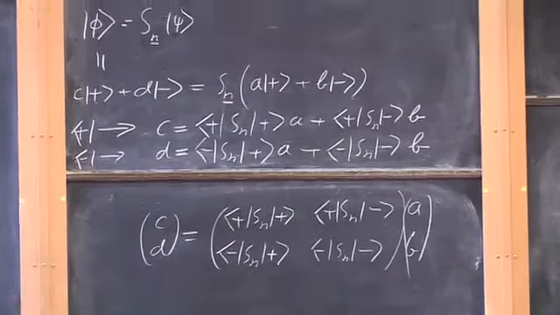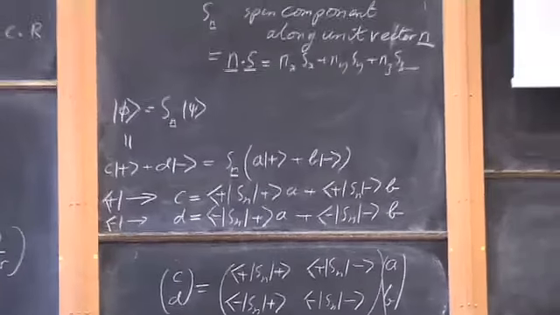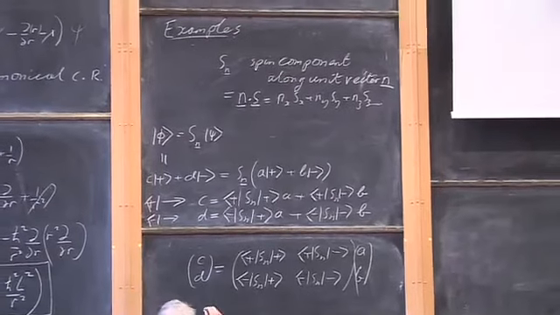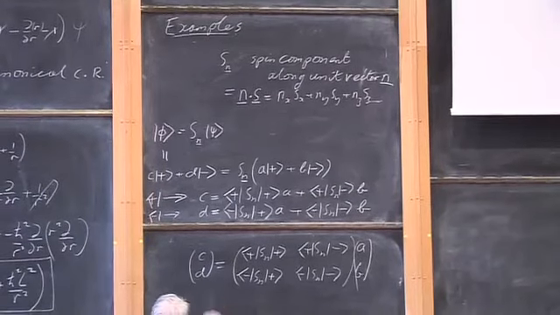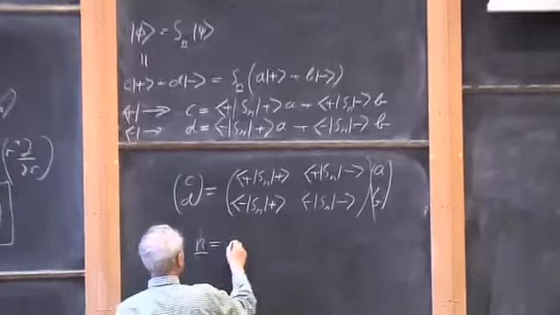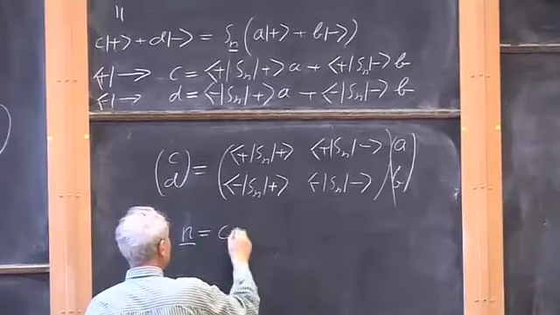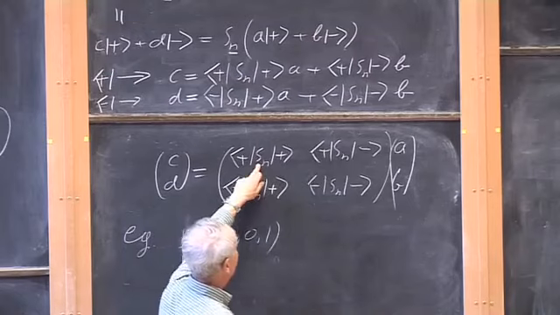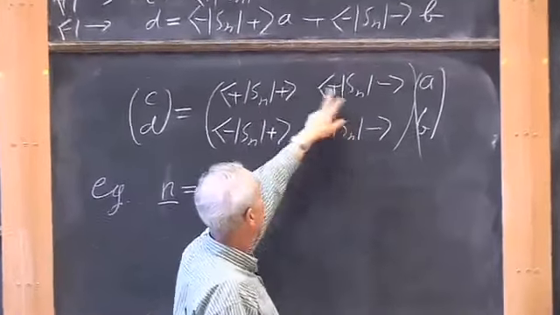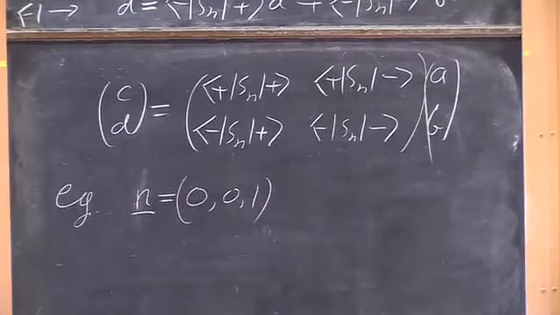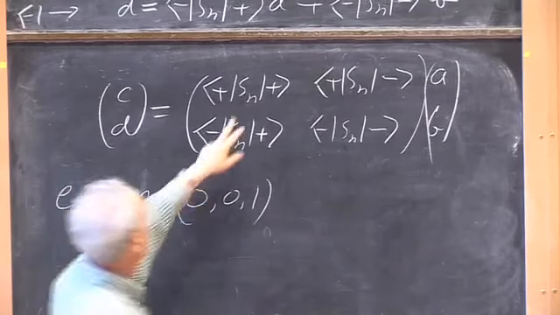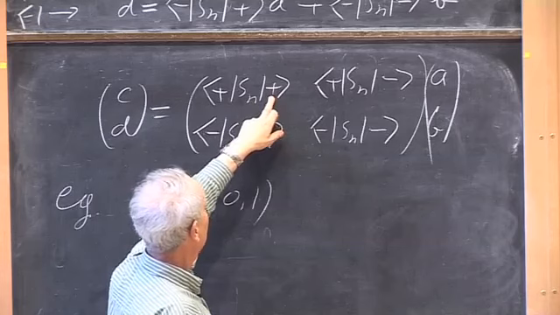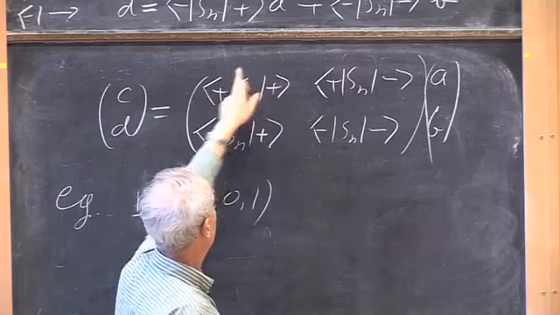So, for example, suppose we take n equal to 0, 0, 1. Then this becomes Sz, and this becomes Sz. I mean, all these Sn's become Sz's. And then Sz on plus is a half of plus, so that this number evaluates to a half.